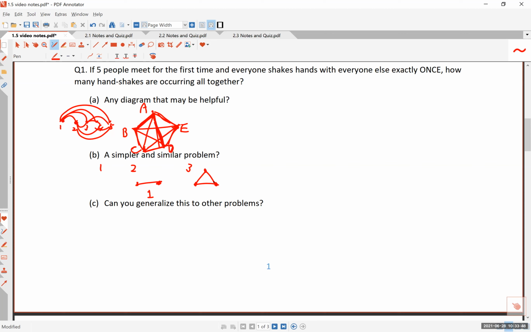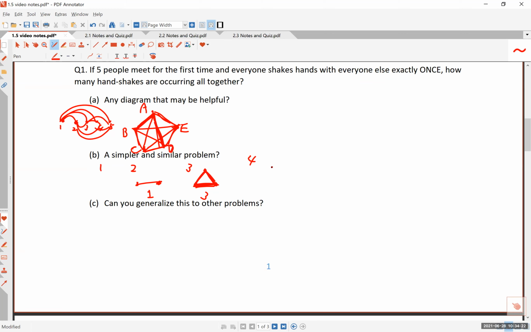So what I'm doing is making this question into an abstract idea. What is the abstract idea? The abstract idea has to do with a picture with vertices, the points, and edges, these line segments, right? And I drew a line segment or an edge to represent the handshake between those two people. And if you have three people, it looks like you only need three edges to represent the three handshakes.